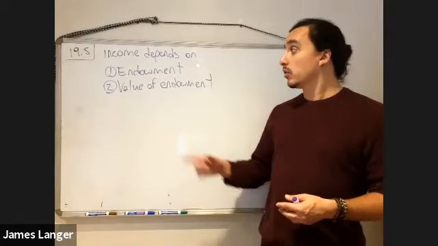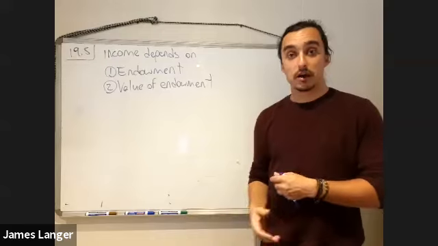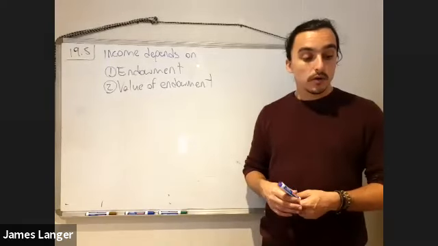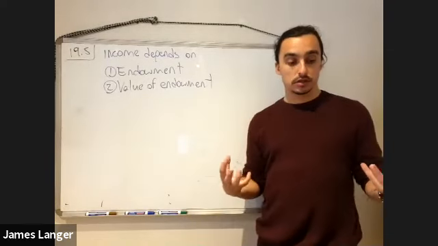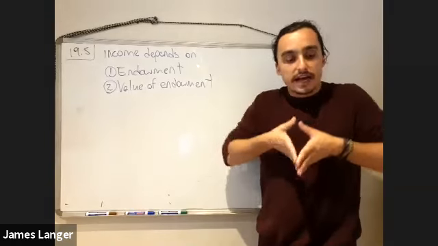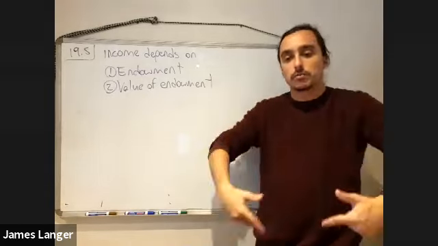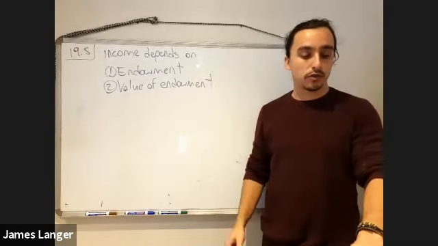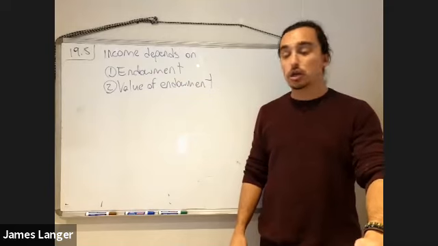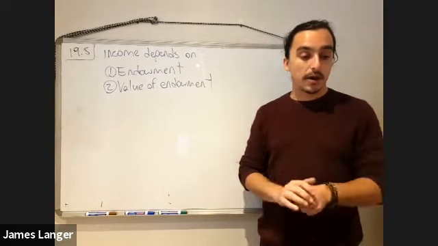And then the value of your endowment is going to influence how much you get out of that. So, you know, technology and institutions are going to influence our endowment, okay? Endowments are going to have an influence on economic inequality, and that's going to perpetuate throughout. So please, guys, go look at 19.5, which is just a little bit about this.